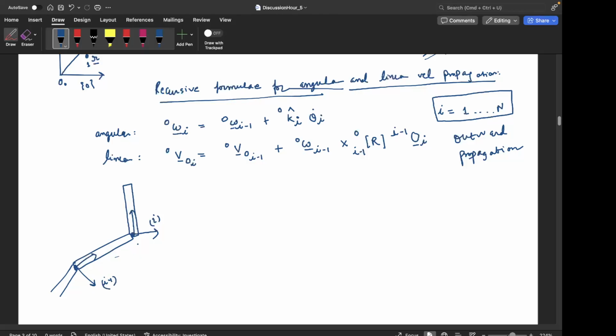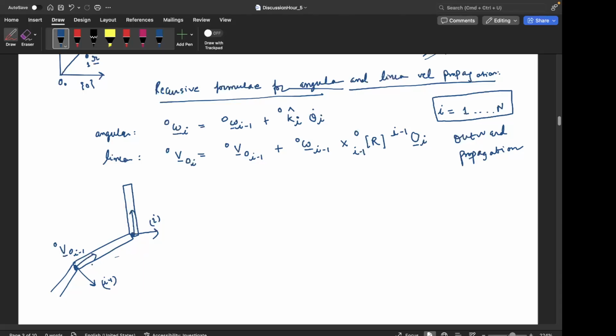Now recursive formulation we are giving, so when we write in general, we assume that we have computed everything up till the I minus 1 stage, right? So we have every information till here. So we know that the velocity of this frame in the base frame is basically this, right? We know that.